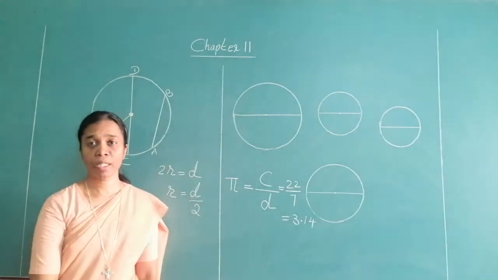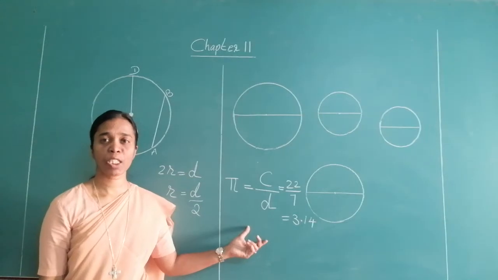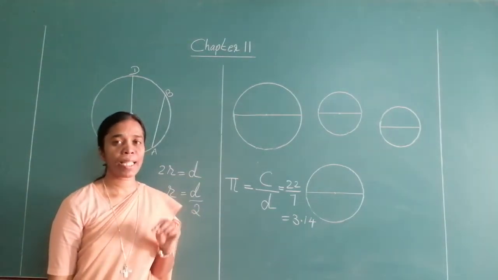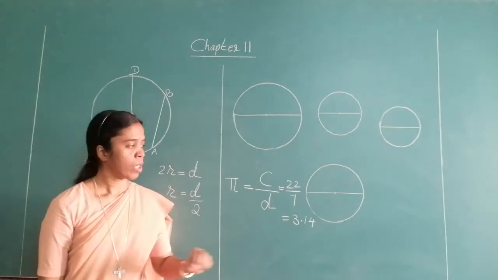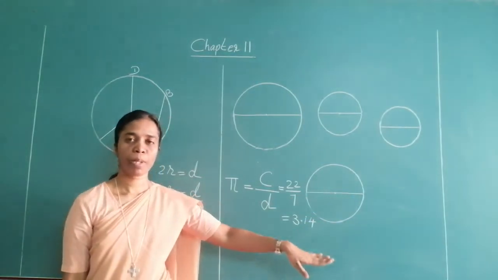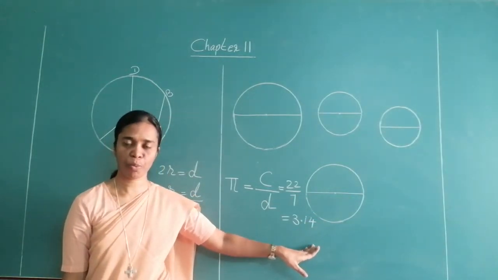This is not a rational number. Please remember, the value of pi is not a rational number. It is an irrational number. It is not stopping at 3.14, it continues. But for solving purpose, we are taking it as 3.14.